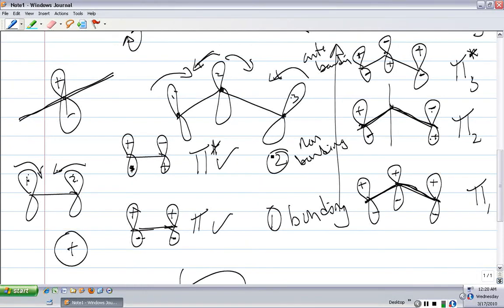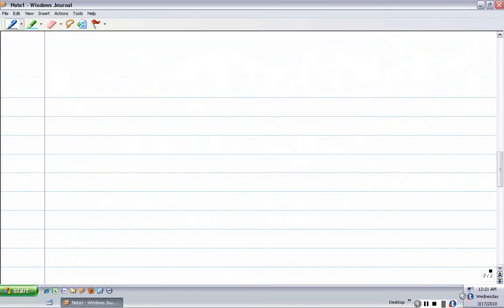A node in the molecular plane, a node about which plus goes to minus and minus goes to plus, a node here, about which minus goes to minus. So first, here again are my 3 pi orbitals.